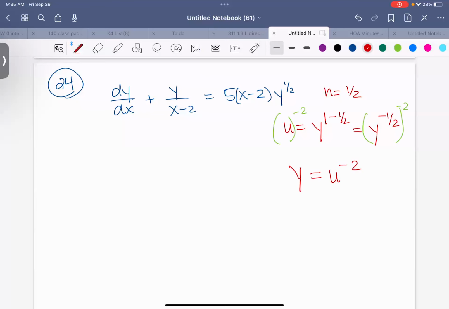That makes it better. Then we only need a 2 to balance.